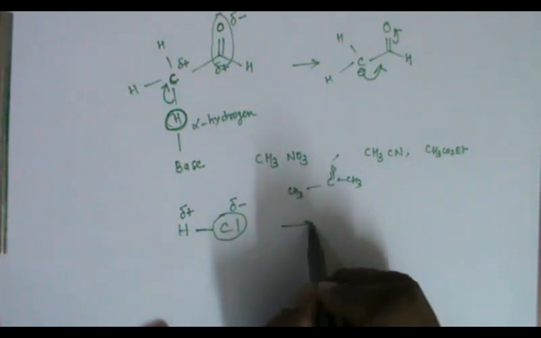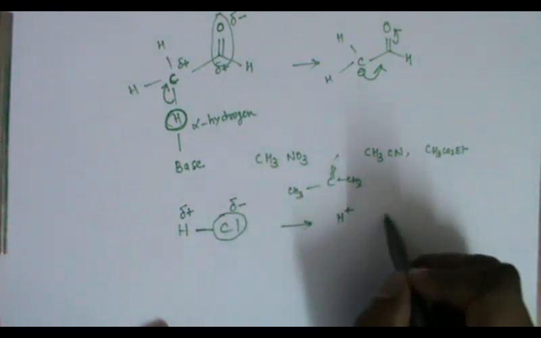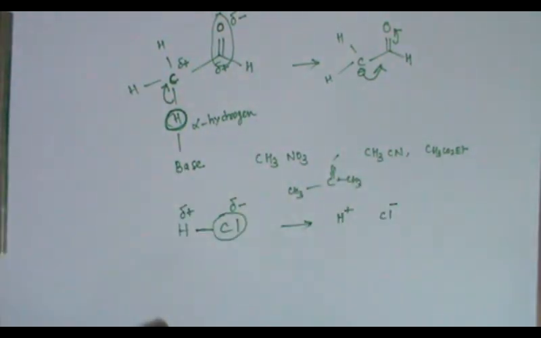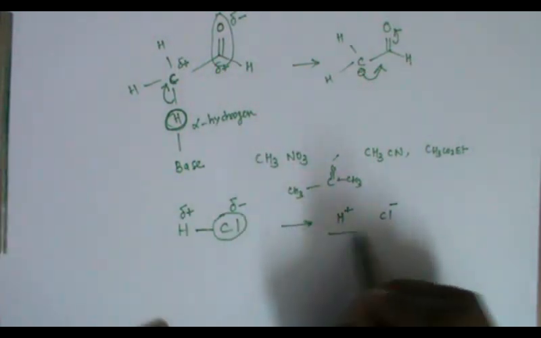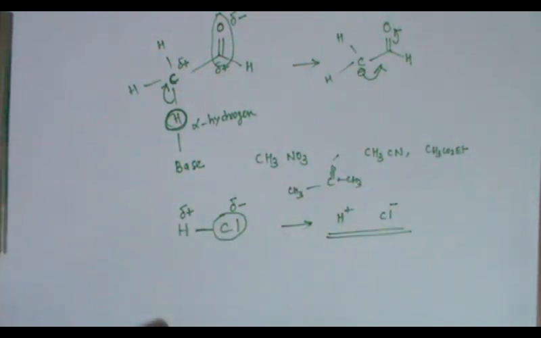So what we get is H plus and Cl minus. So the acidity of HCl, HF, HI is because of the more electronegativity of the halogen atom. So even the acidity can be explained based on this.